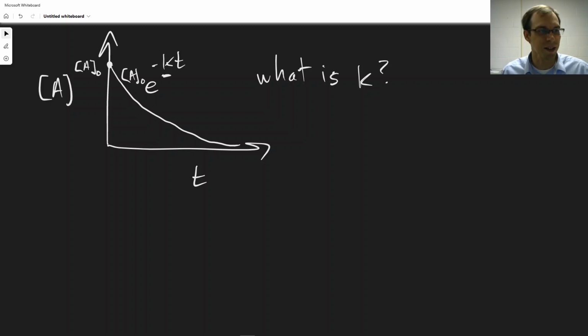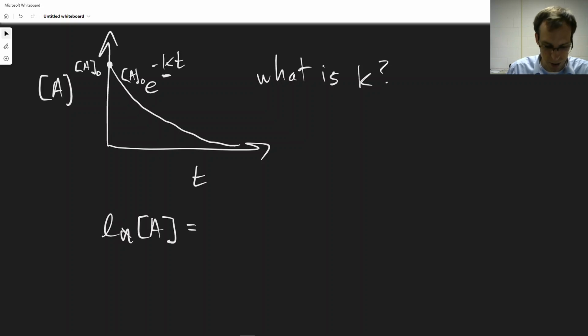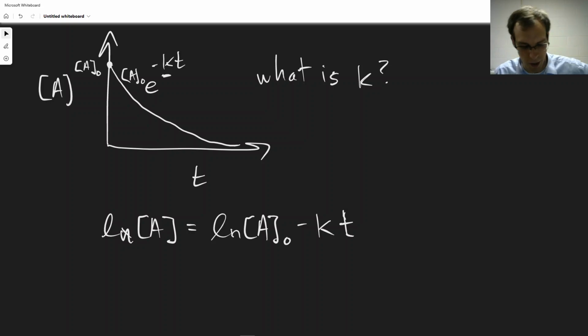Another way, if you want to use lines, is you can transform your equation into a linear form. We can go back to the natural log form of the equation and say, natural log of A is equal to the natural log of A naught minus kt. This is just reorganizing the equation we had in the previous video.